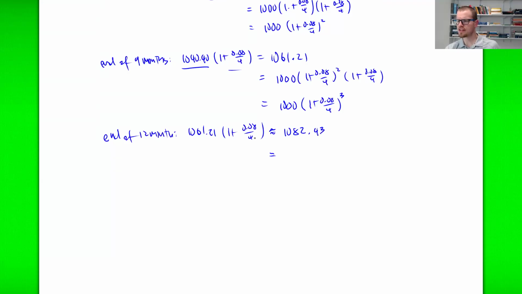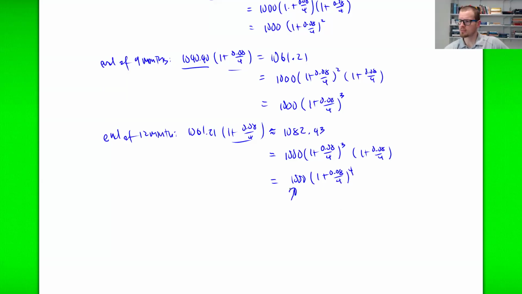But we know that this thing, again, the $1,061.21 can be written as 1,000 times 1 plus 0.08 divided by 4 raised to the third power. And I've still got this piece on there, 1 plus 0.08 divided by 4. So I can write this as $1,000 times 1 plus 0.08 divided by 4 raised to the fourth power.